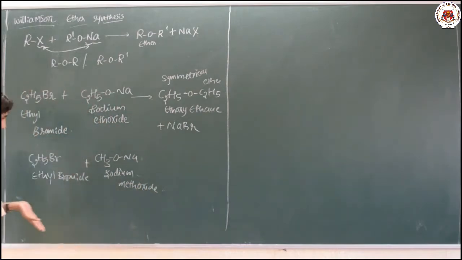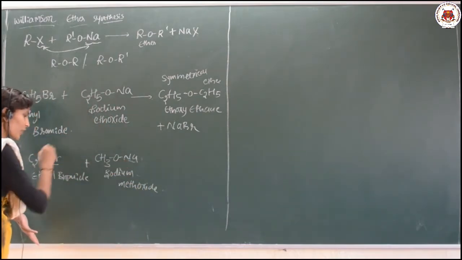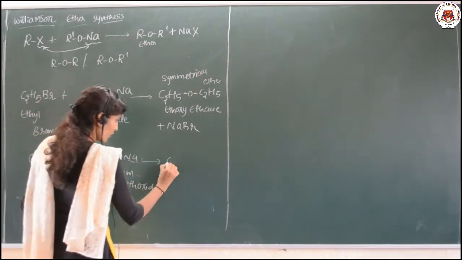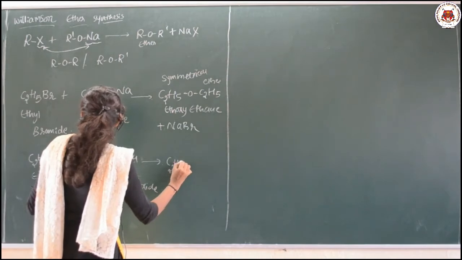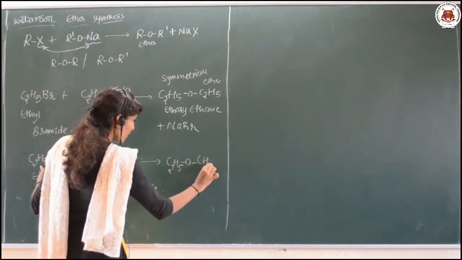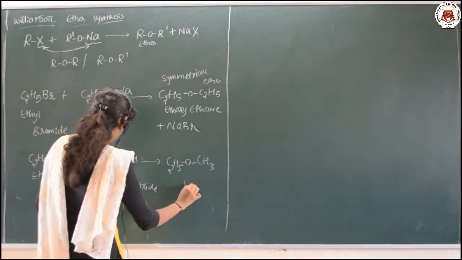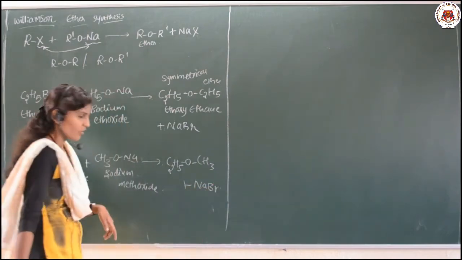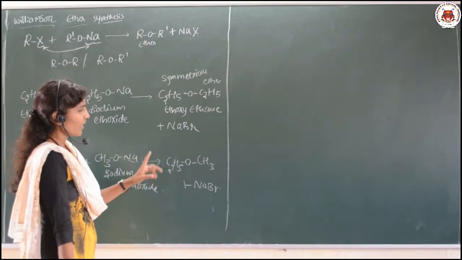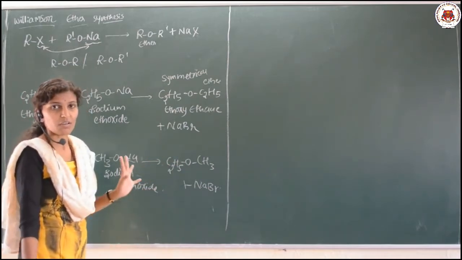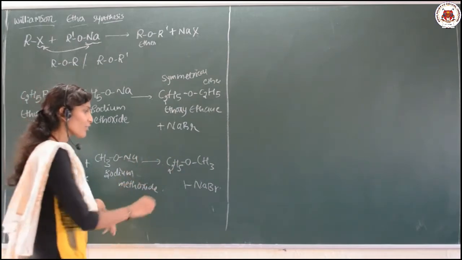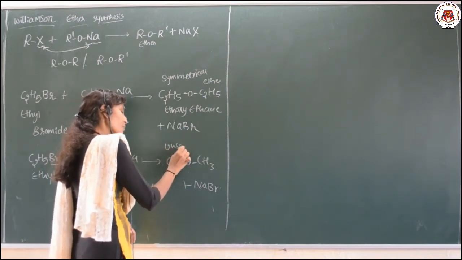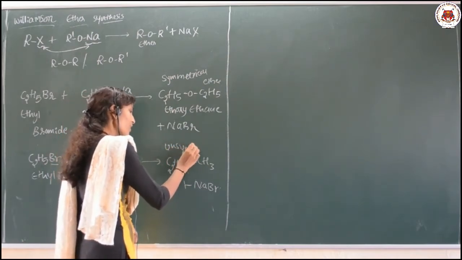So what happens again? NaBr is released. What else remains? C2H5O CH3 and NaBr. Ethyl methyl ether is the product formed here, and it is an unsymmetrical ether.